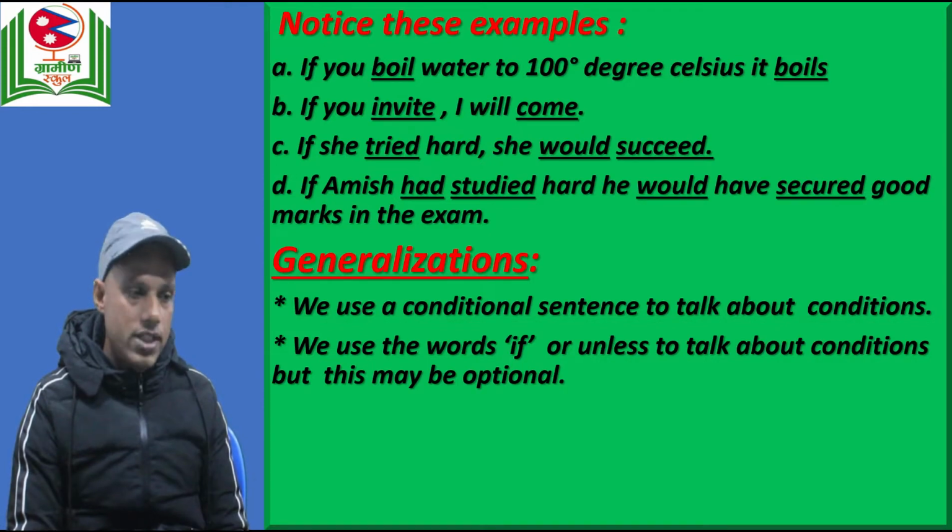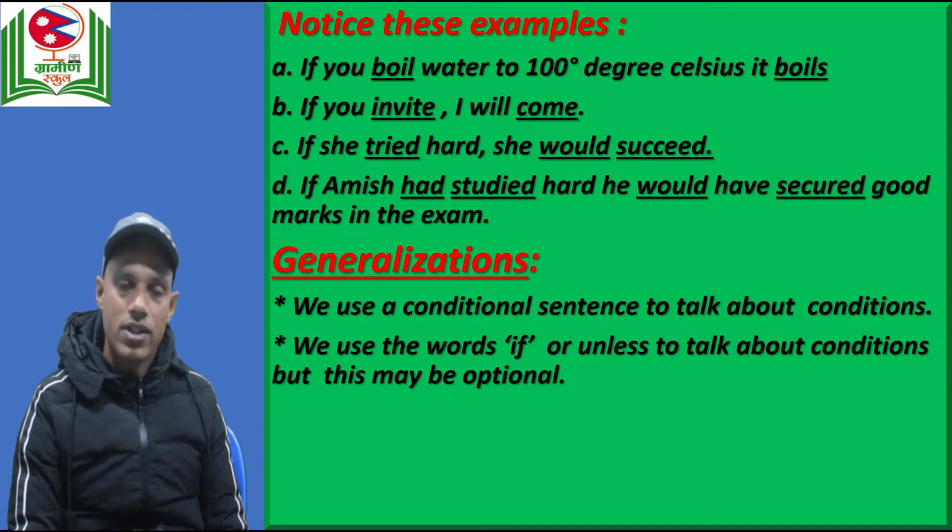Now from the above examples, we can generalize what we can learn. The first point under generalization: we use a conditional sentence to talk about conditions. By its name also we are clear that conditional sentences are used to talk about conditions.